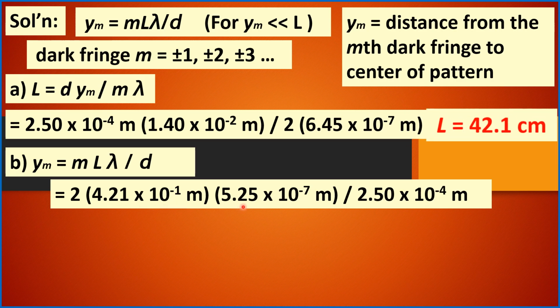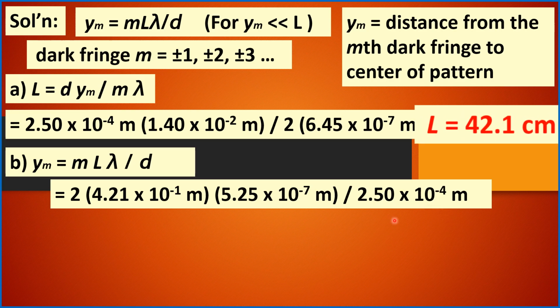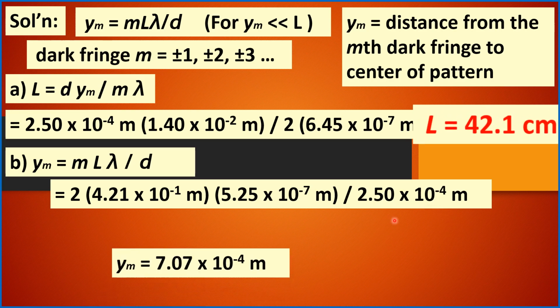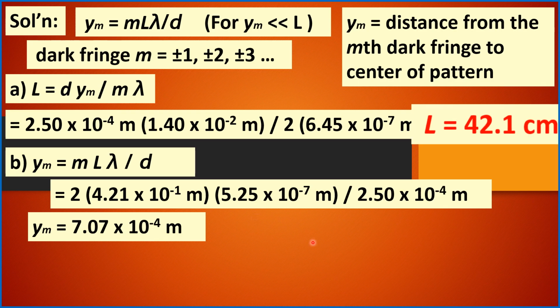The wavelength given is 5.25 times 10 to the negative 7 meters, divided by the width of the slit, 2.50 times 10 to the negative 4 meters. We will get the value for y sub m, which is 7.07 times 10 to the negative 4 meters.